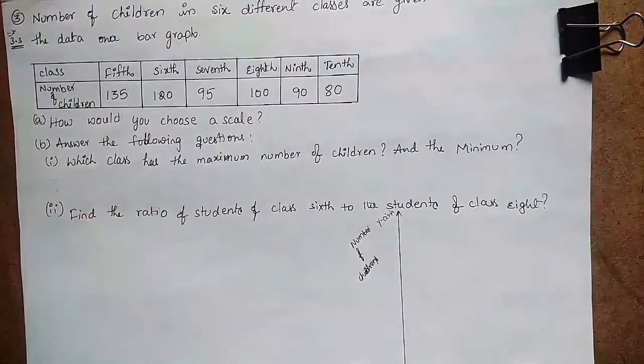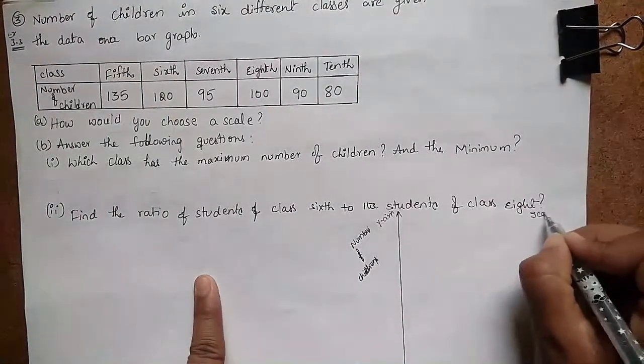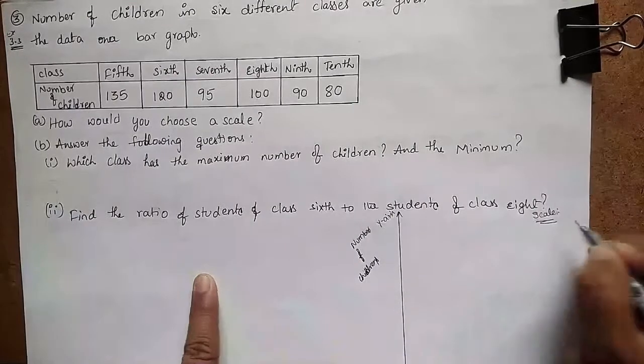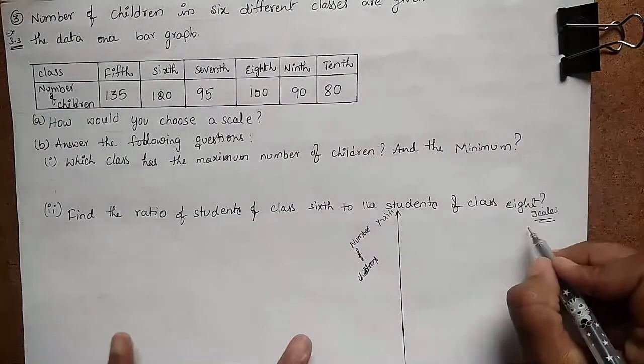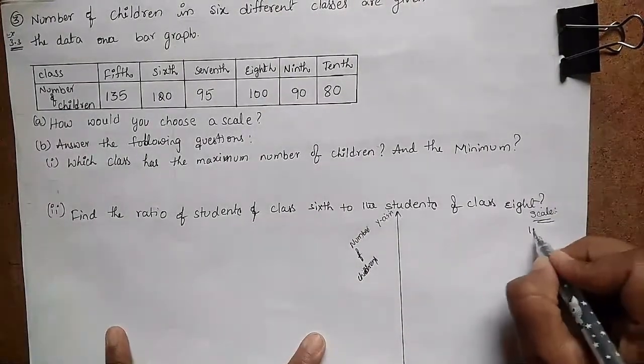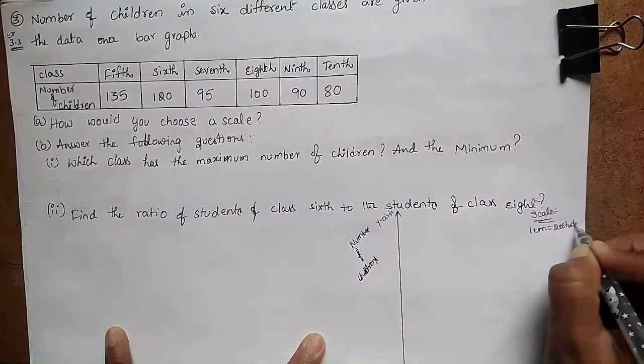Next, take the scale. In bar graphs we must and should represent the scale for the given data. So I am taking the scale as 1 centimeter equal to 20 students.